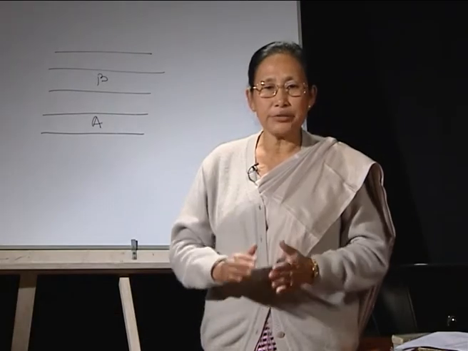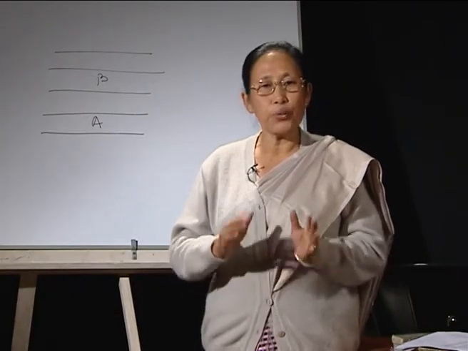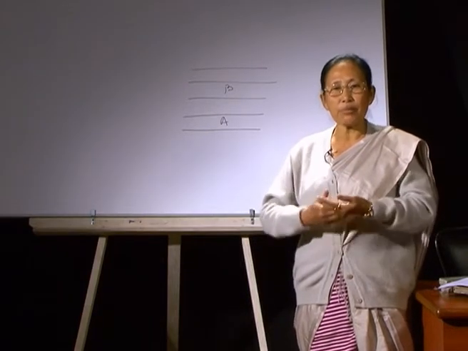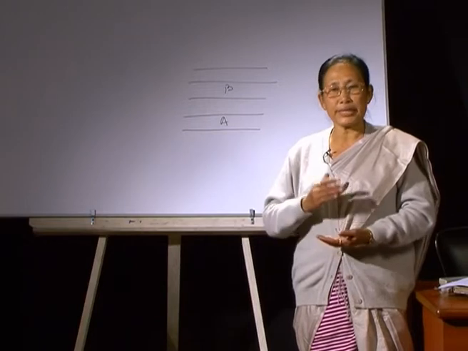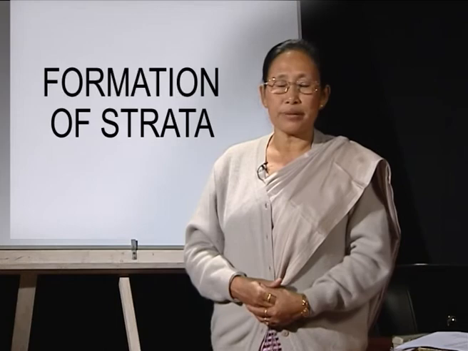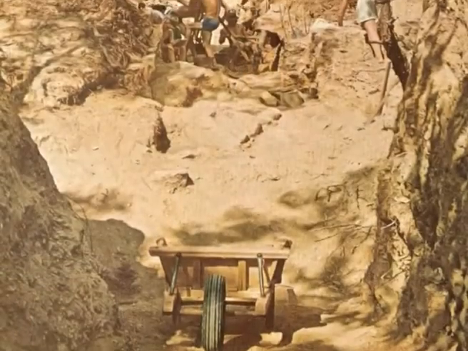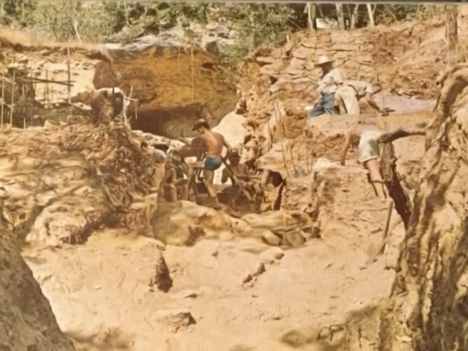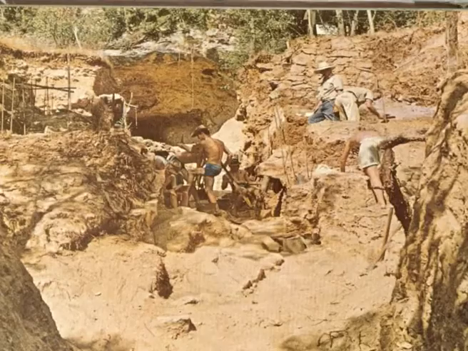The stratigraphic association of artifact types within and between archaeological sites is regarded as one of the very important methods of relative dating. Now come to the formation of strata. A stratigraphic layer in an archaeological site represents culture in the form of deposits of artifacts as well as ecofacts.